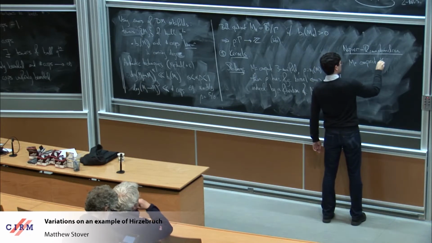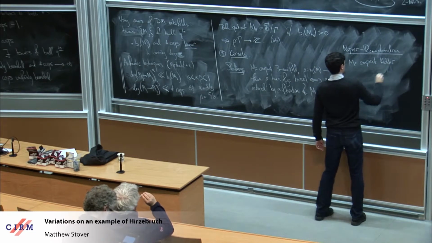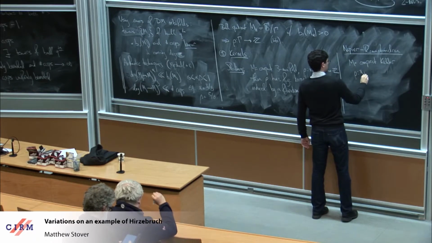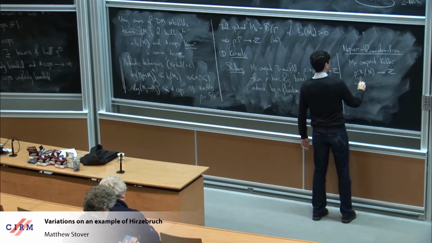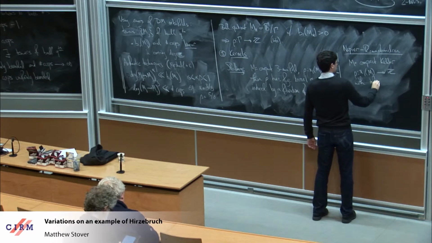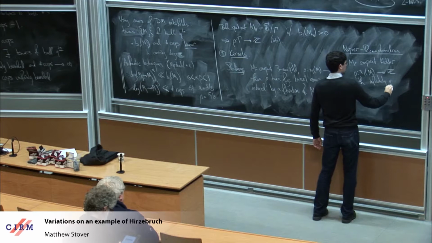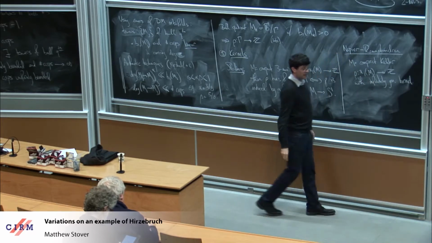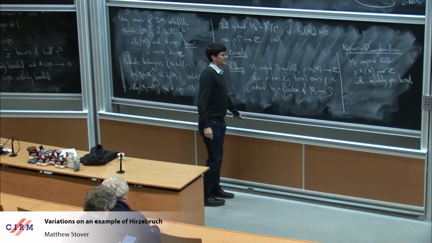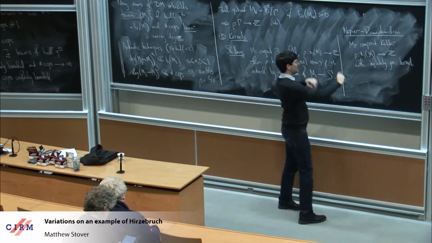Say M is compact Kähler. We have rho from pi 1 M to Z with infinitely generated kernel. By which I mean not finitely presented, because of course a finitely presented group is also infinitely generated if it's infinite.